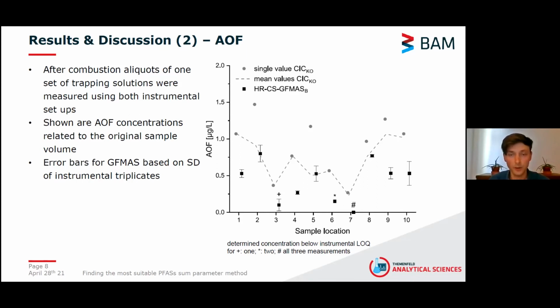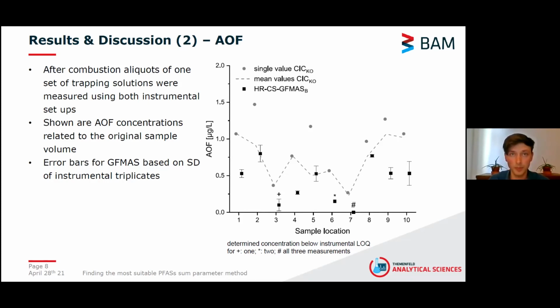Standard deviation for the GFMAS values refers to instrumental triplicates. So, if we compare the 2 values on each sampling location, again, a similar trend in the same order of magnitude is determined with both instrumental setups. This time with the CIC values higher than the GFMAS values. It is to mention that some of the method values were below the instrumental LOQ as highlighted in the figure.